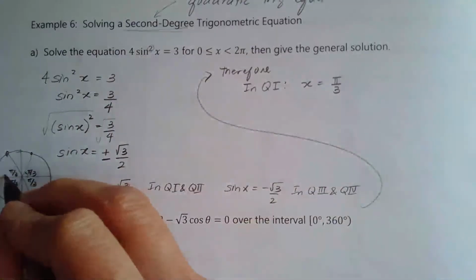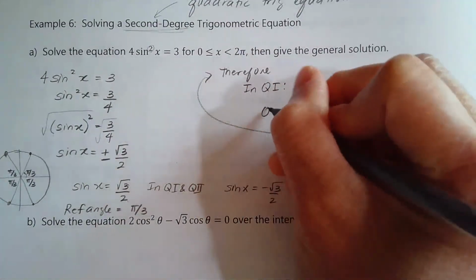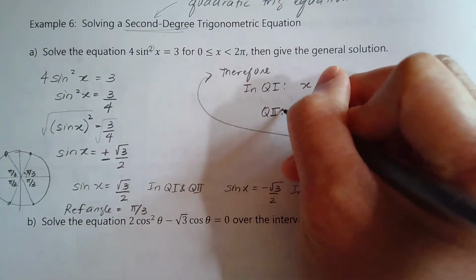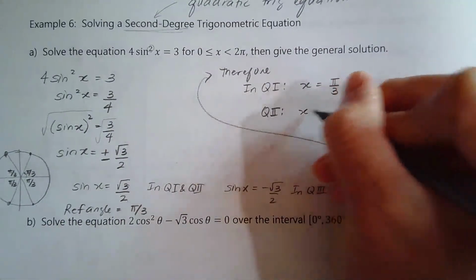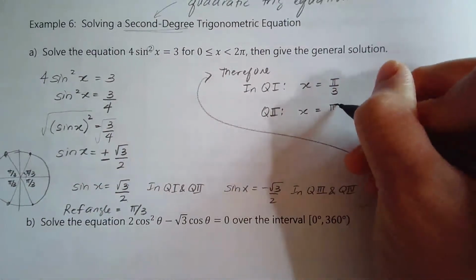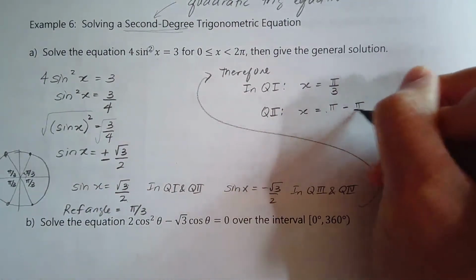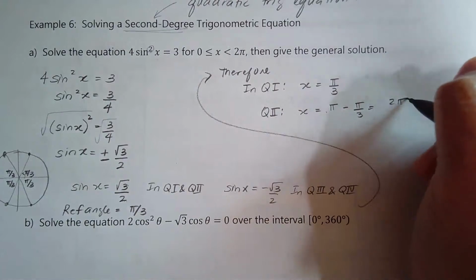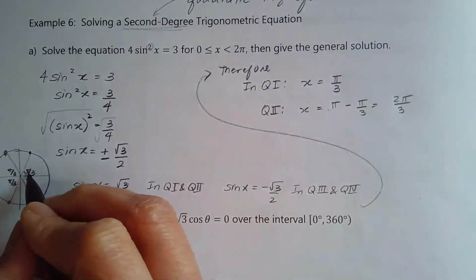In quadrant 2, x equals pi minus pi by 3, which is 2 pi by 3, and we know that.